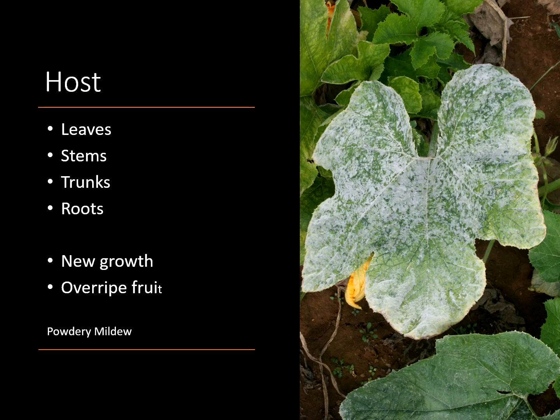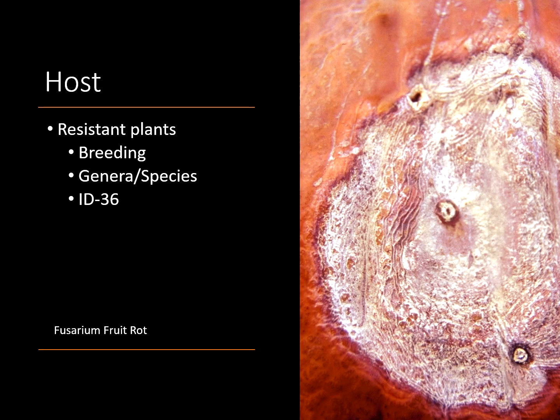Overripe fruit, that's another one in apple diseases, for example, in blueberry diseases, grapes. So when we talk about host, we might mean the entire host, or we might mean specifics of a susceptible host. So in order to manage disease, we always start with resistant plants, or really the word is tolerant.